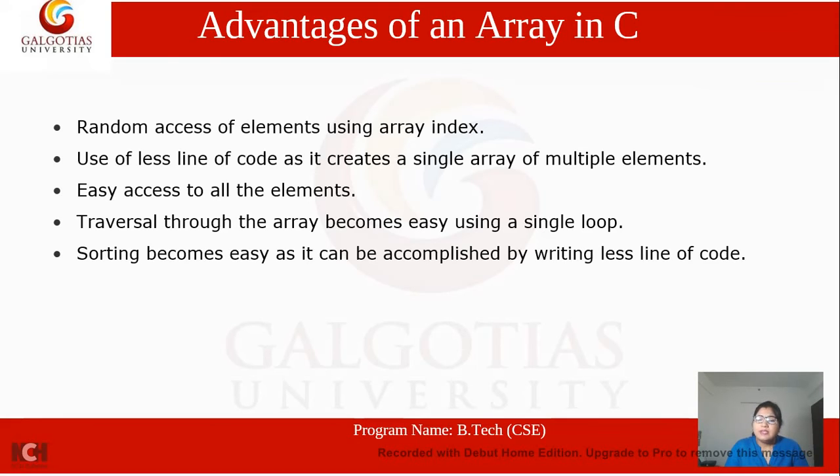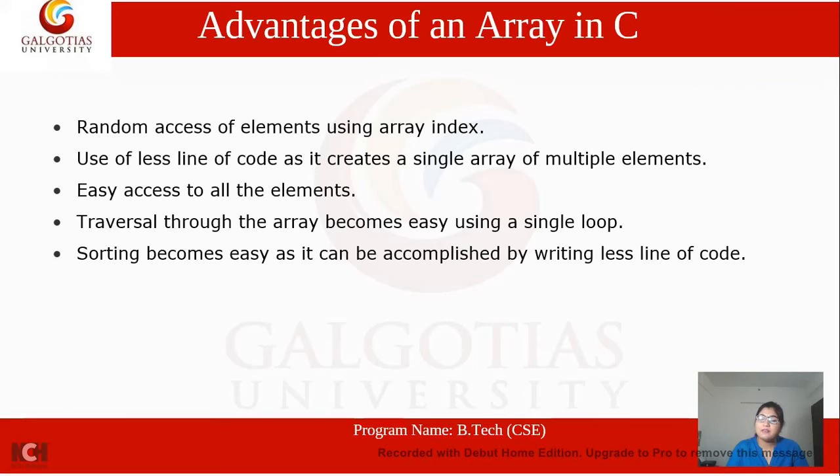The third advantage is easy access to all the elements. Because you have index values and a contiguous arrangement of elements, it is very easy to access all the elements from the starting to the last element. Again, the advantage is that traversal through the array becomes easy using a single loop.